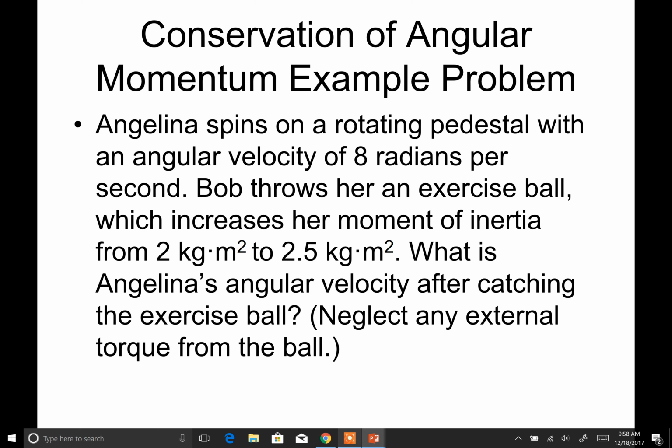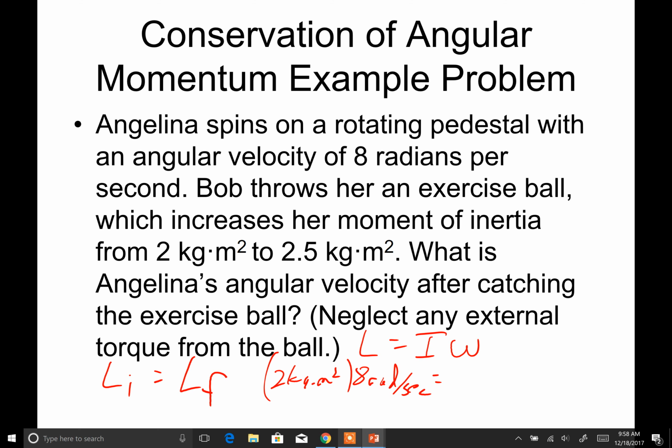So remember, angular momentum is equal to I times angular velocity. Let's set the initial angular momentum equal to the final angular momentum. Her initial angular momentum would be her moment of inertia, 2, times her angular velocity of 8 radians per second.